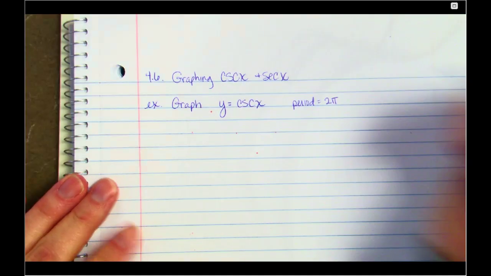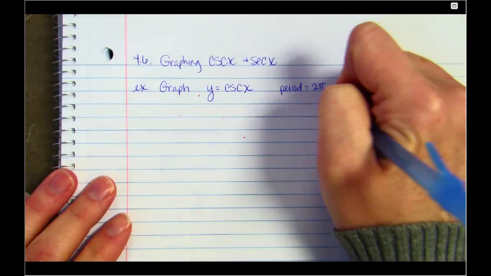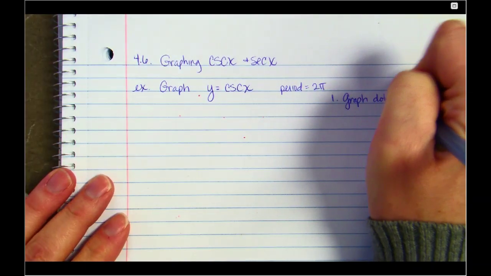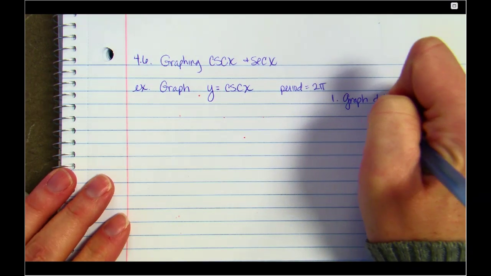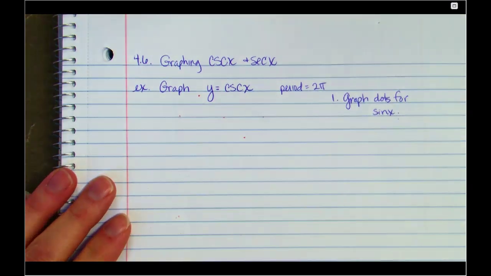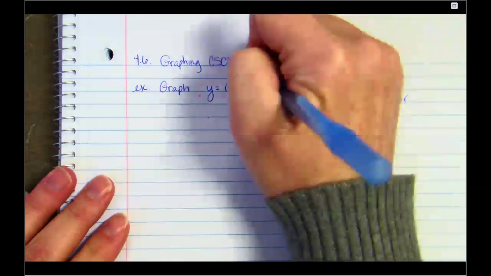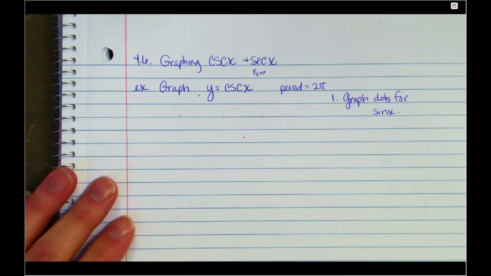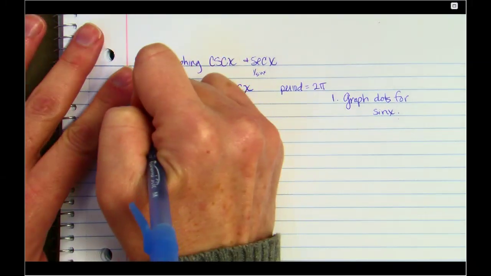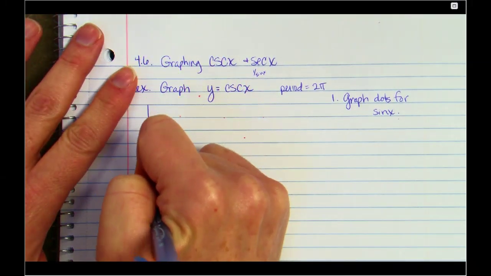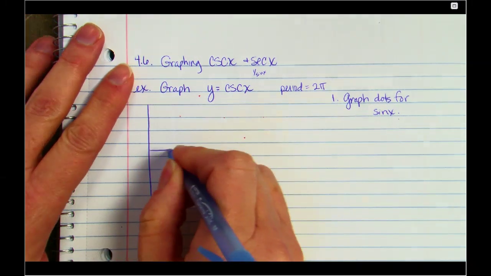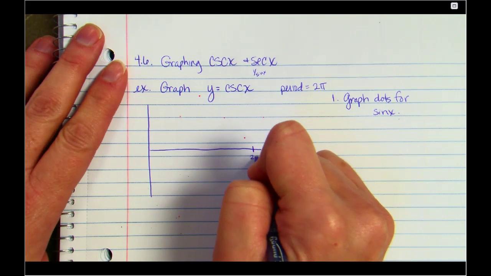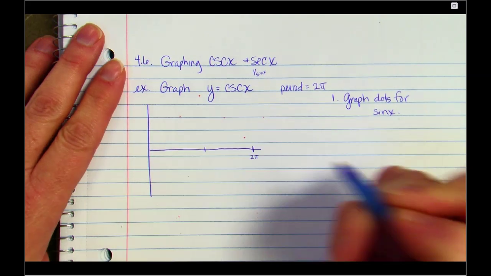So basically what we do is we graph the dots for sine x. So if we're graphing cosecant, cosecant is 1 over sine. And we are going to graph the dots for sine x. Unless you really want to, I would not put that full graph in for sine.